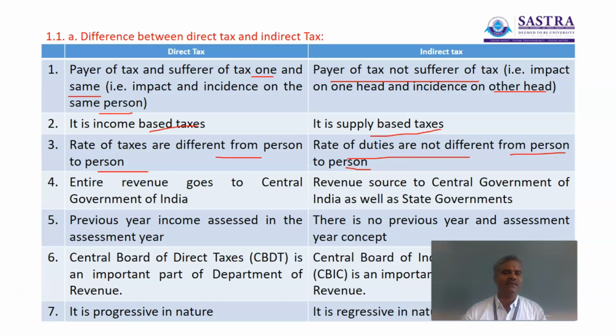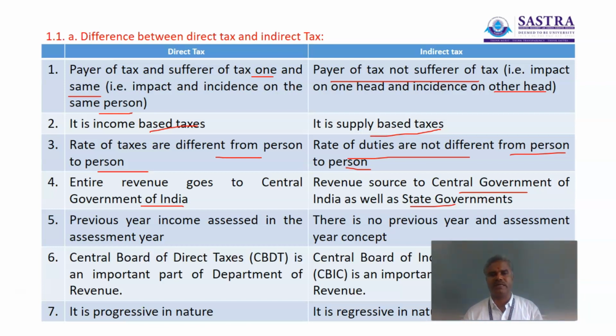Okay. Then the fourth one: in direct tax, the entire revenue goes to the central government. But in indirect tax, the revenue goes to the central as well as the state government. The central government collects tax in different manner, because in GST we have to collect different types. One is CGST, this is for the central government.